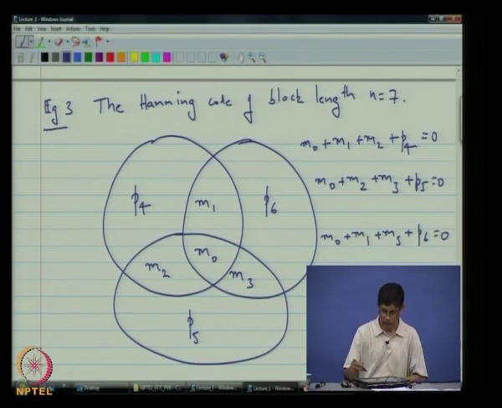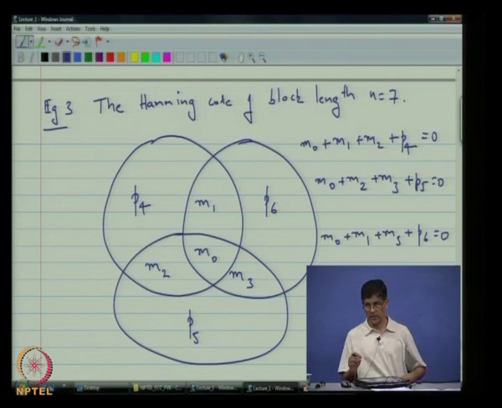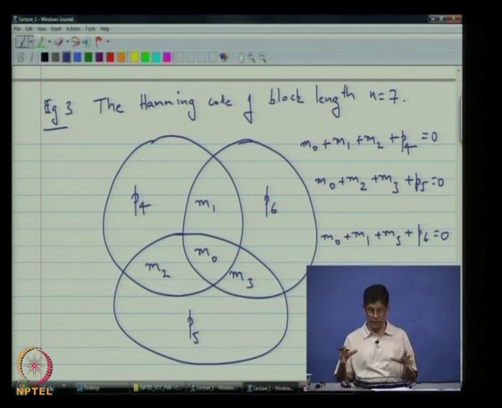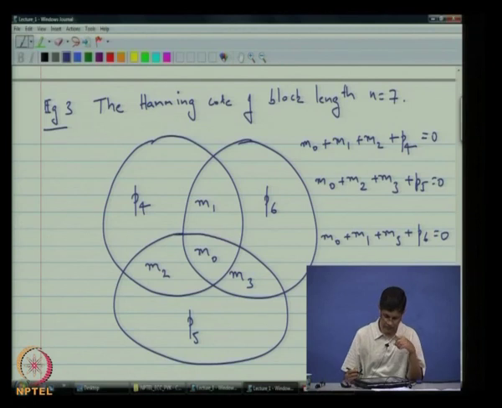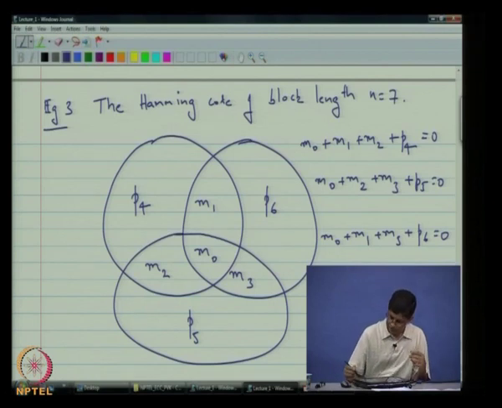So, for each of the circles you actually write down a parity check equation. Now you can see why I called the first example a single parity check code, because there was just a single parity check that had to be satisfied there, whereas here you have to satisfy 3 parity checks, one corresponding to each circle. Now, of course, the question is how this code corrects errors, but we will come back to that a little bit later. Right now I am just giving you an example of how a code is constructed.